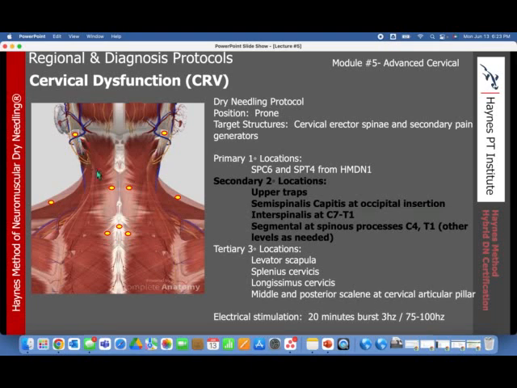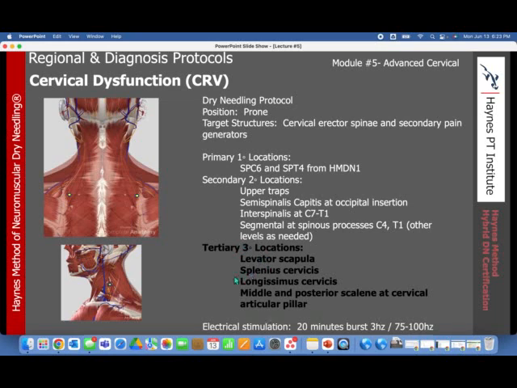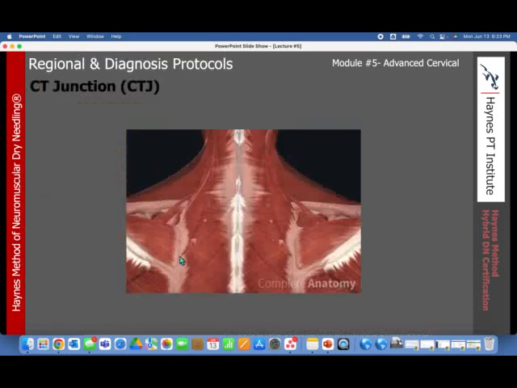We'll hit interspinalis at C7, T1 right here, and then segmental at the spinous processes of C4 and T1 or 2T1 and any other levels as you seem necessary. Lastly, we'll bring in the levator scapula, the splenius cervicis, longissimus cervicis, the middle and most posterior scalene at the cervical articular pillar, which is this location we discussed here on the lateral aspect.